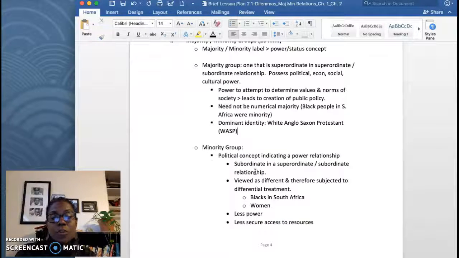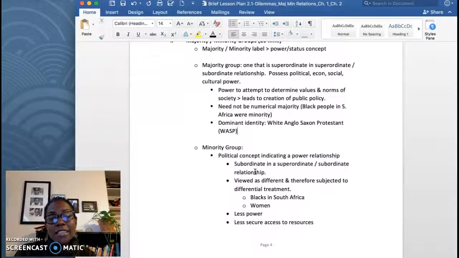Now, like I said before, it's important to note that a majority group doesn't necessarily need to be a numerical majority. One important example is Black people in South Africa, or Black South Africans. They were in the majority in terms of numbers, but they were considered a minority group because of the level of political power and status that they held.